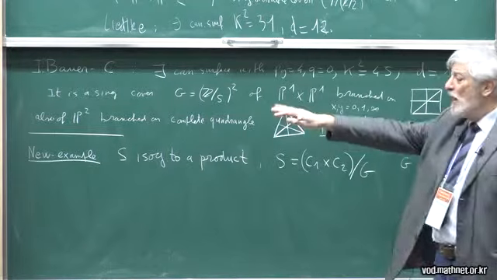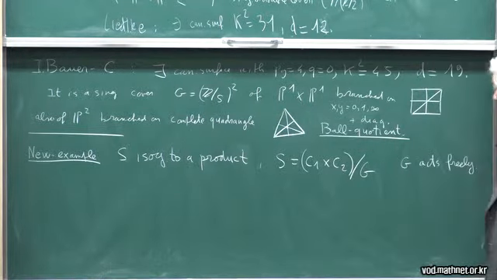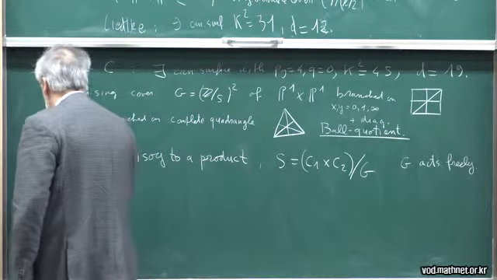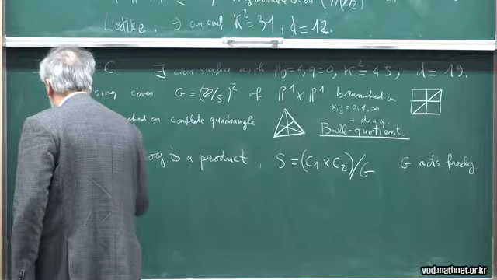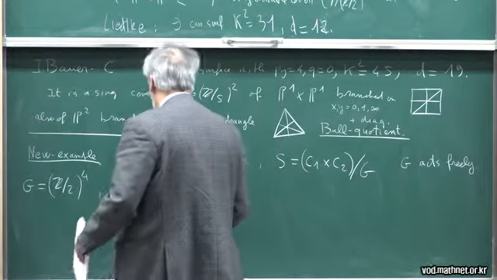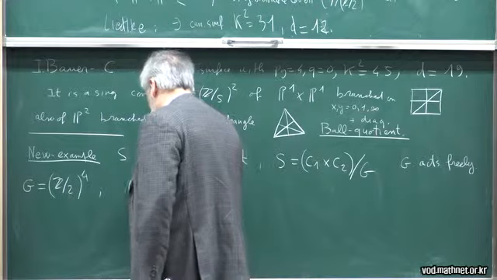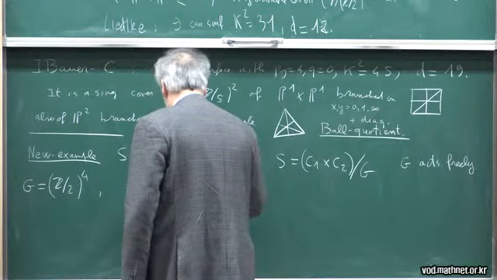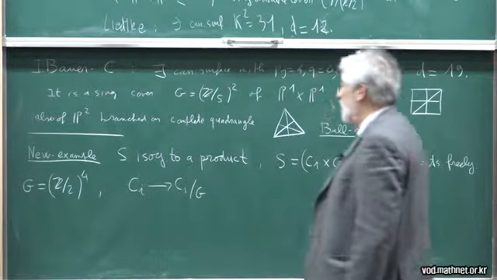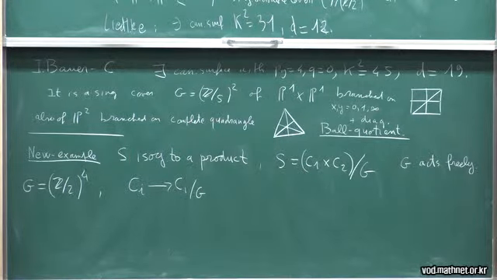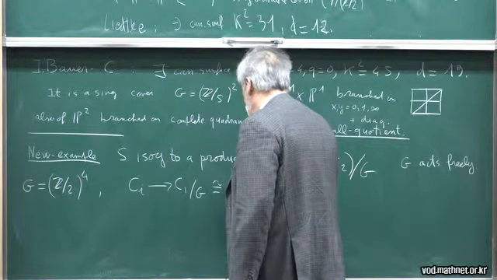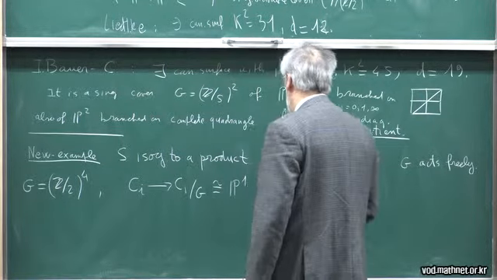Where this Galois group was 2 generated in the previous case, here the first example which I considered is G equal to Z mod 2 to the 4th. And now Ci goes to P1, and I assume that this is of unmixed type, so G acts on C1 and on C2. I want q equal to 0, so I assume that this is P1.